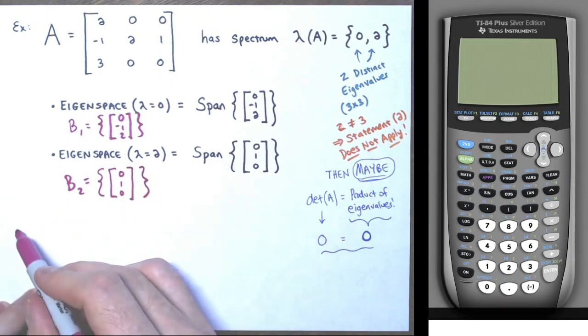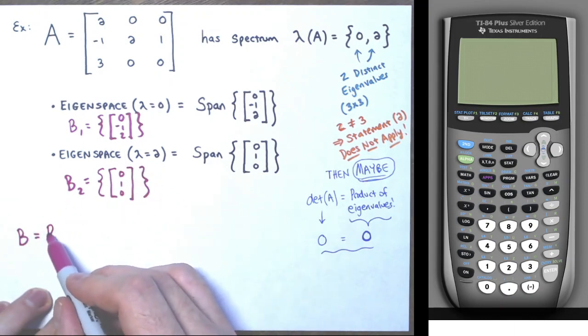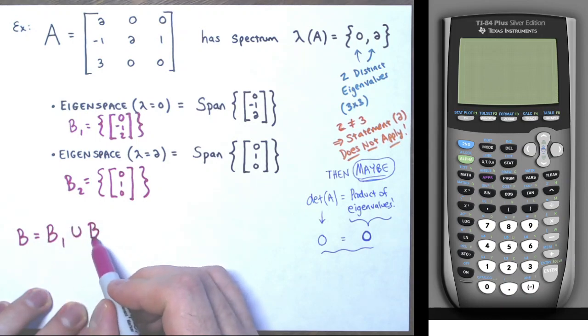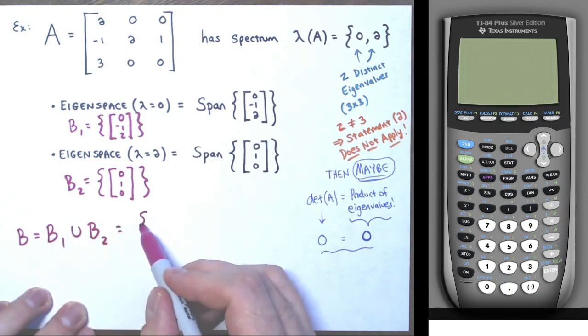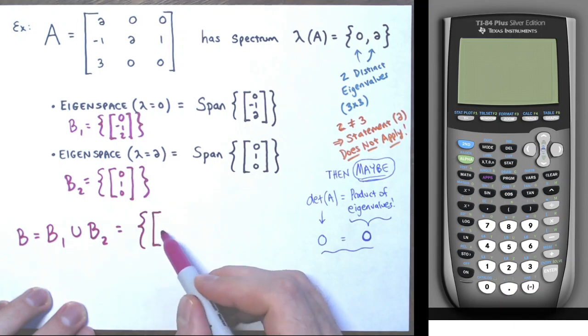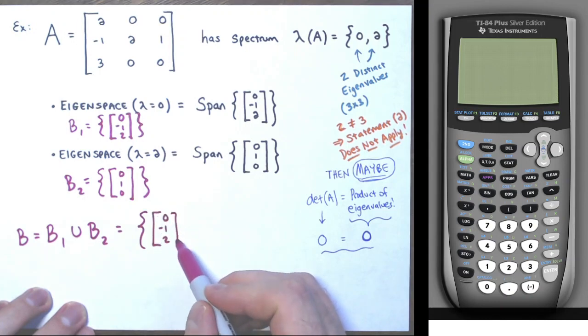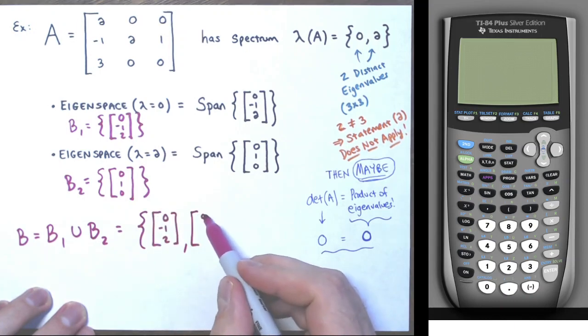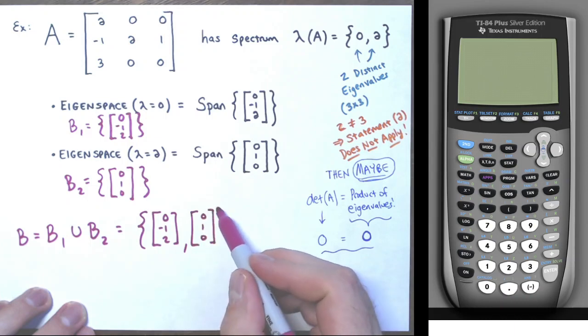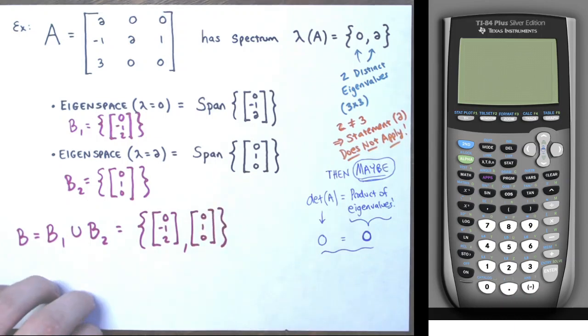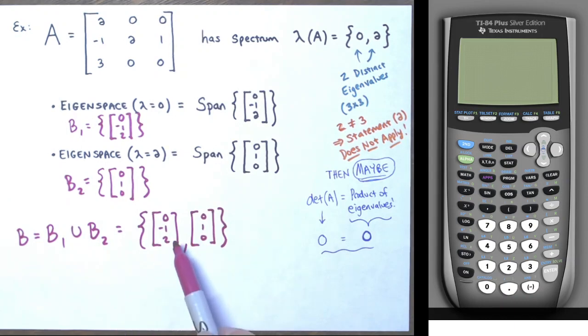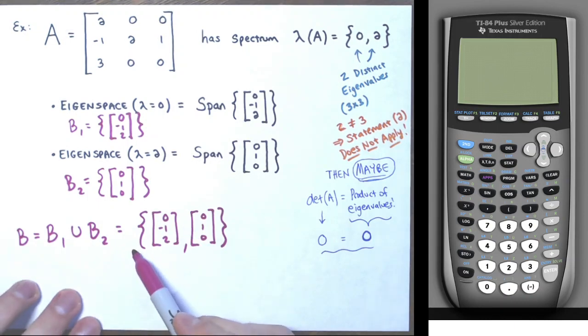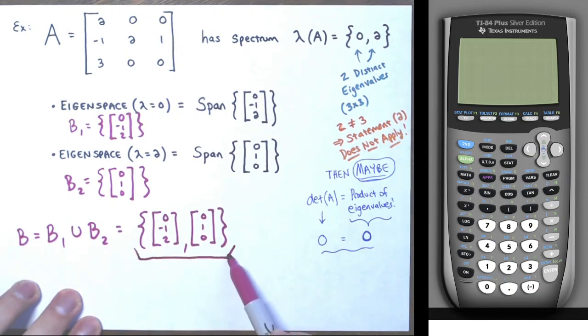And if you take a look at their union, it's the set with just these two vectors in it, 0, negative 1, 2, and 0, 1, 0. There are only two of them. They're not scalar multiples of each other, so this is linearly independent, as was stated in statement 3 earlier in the video.